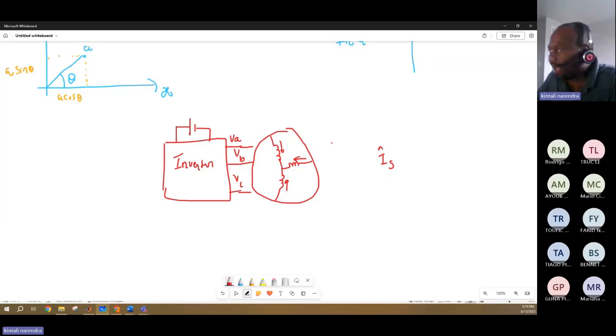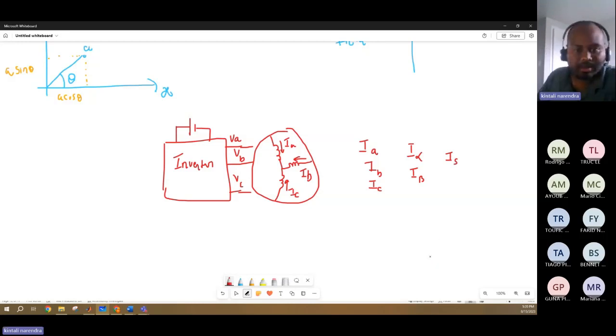We get IS by using something called the Clark transformation. We take IA, IB, and IC and, using the Clark transformation, convert them into I alpha and I beta. From I alpha and I beta, you have IS, right?